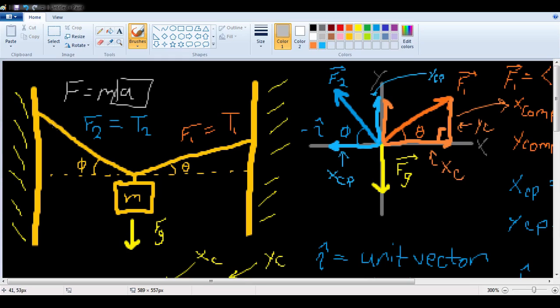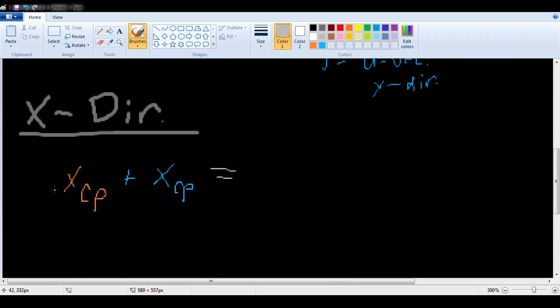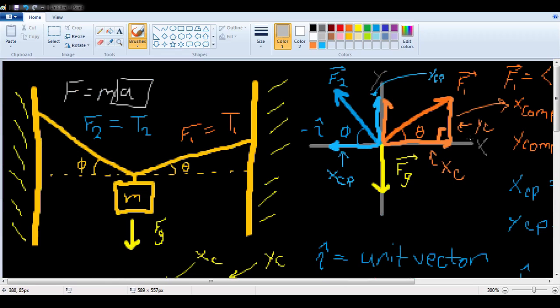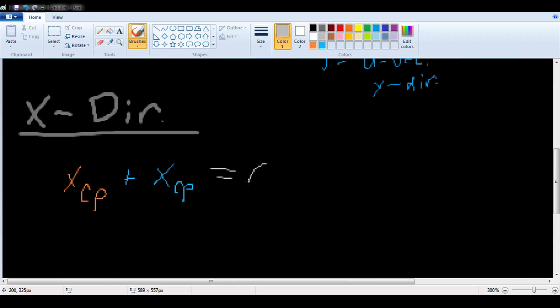And for this system, we have a hanging mass. So it's not moving, right? It's stationary. It's not accelerating in any direction. And we're looking at a horizontal acceleration in this case, because these are two forces. So we have two forces, and there's no acceleration. So they're going to add up to be 0.